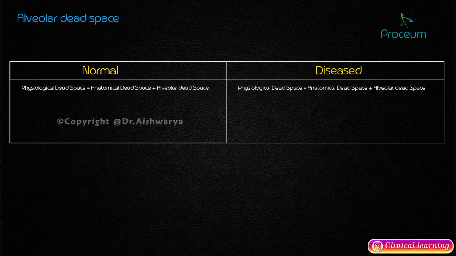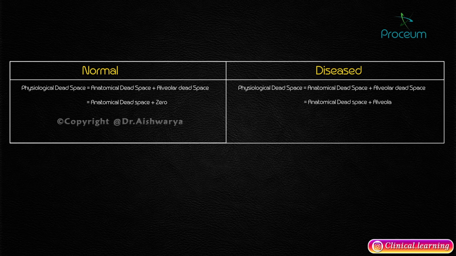But in normal conditions it is zero, because every molecule of air present inside the alveoli takes part in the exchange of gases. Only in diseased conditions, the air present in the alveoli is not taking part in the exchange mechanism. That is the reason the trapped air inside the alveoli can be added to the anatomical dead space. So overall the alveolar dead space value increases.